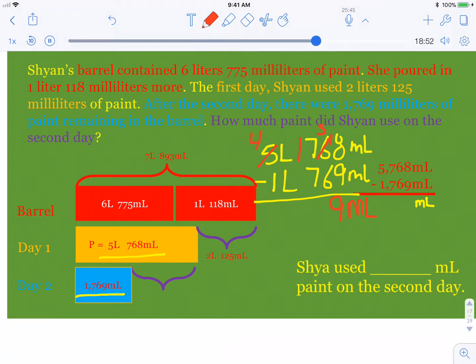I can't take 6 away from 5, so I'm going to borrow from the neighbor. 17 becomes 16. Put my 1 in front of it. 15 minus 6 is 9. 16 minus 7 is 8. 4 minus 1 is 3.